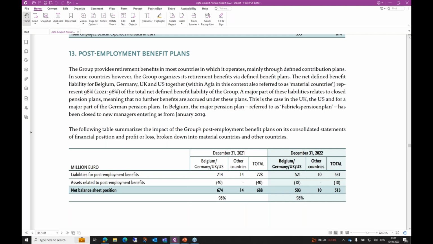What I show here, just in general, some text, all the details are coming later on, but that's a general table that reconciles with the balance sheet, where you show the net liabilities and then also the net assets, and you will net it, so the balance sheet position in 2023 will be 503, I think it's even million euro in that case here. Yeah, that's million euro. For Belgium, and then in total 513.